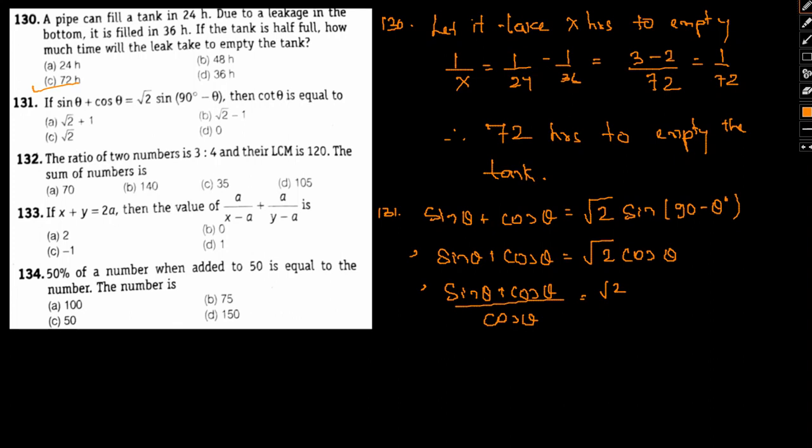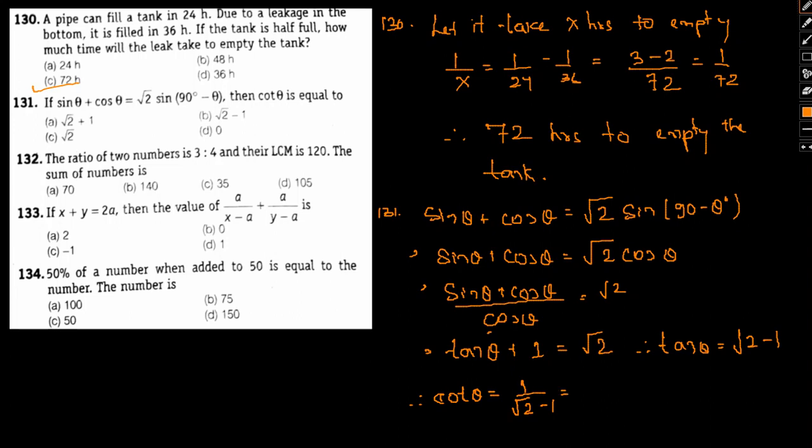Now if we divide sine theta by cos theta, we'll have tan theta here, and cos theta by cos theta will be equal to 1, therefore tan theta plus 1 equals root 2. So now tan theta can be written as root 2 minus 1. Therefore cot theta will be equal to 1 by tan theta, that is 1 by (root 2 minus 1).